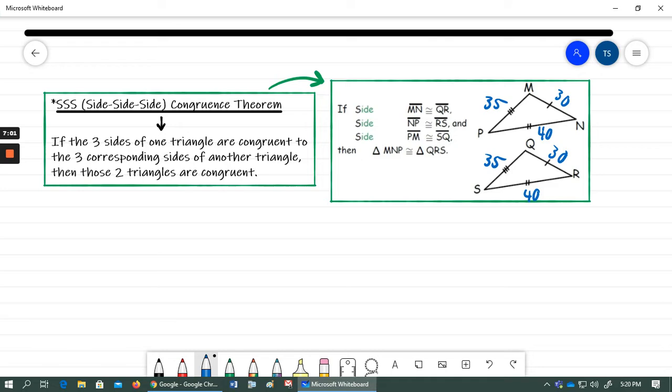Okay, so again, if you're looking at this diagram over here, you can say triangle MNP is congruent to triangle QRS by the SSS, or the side theorem.